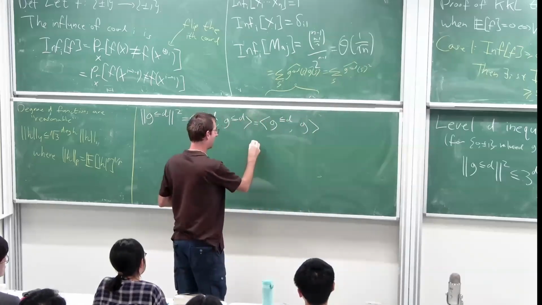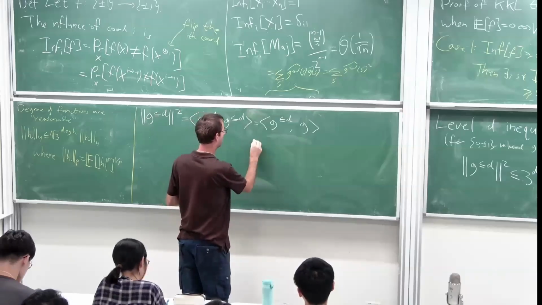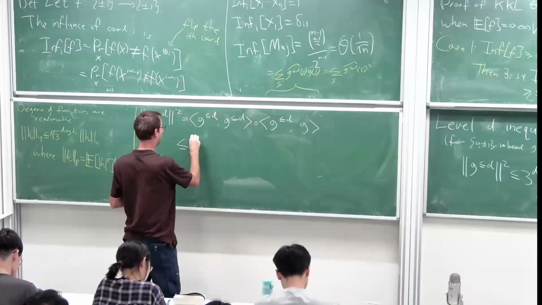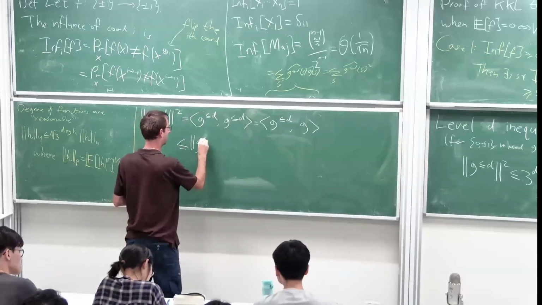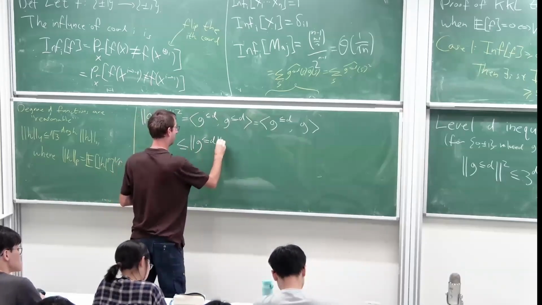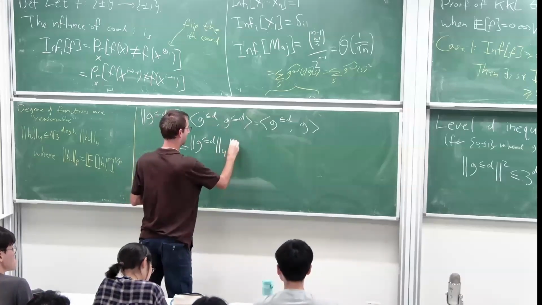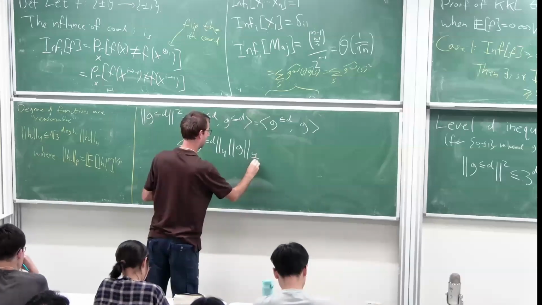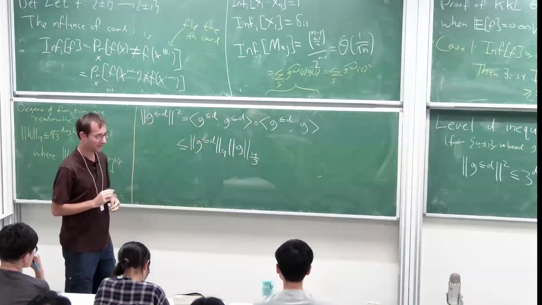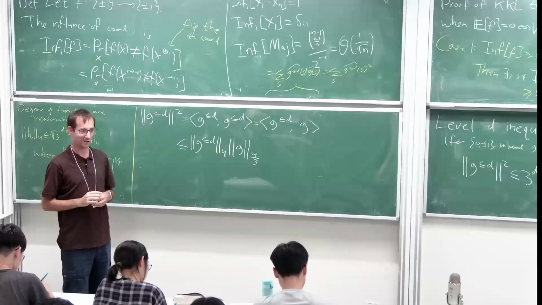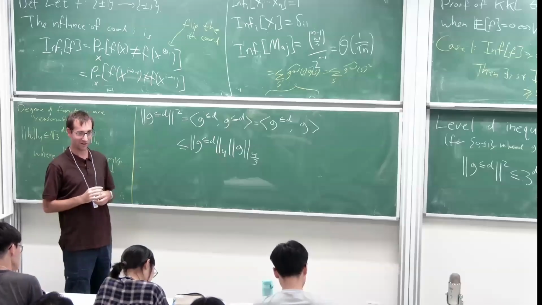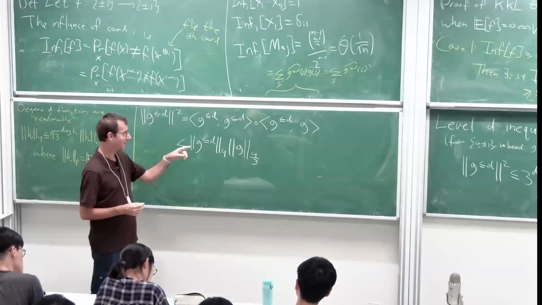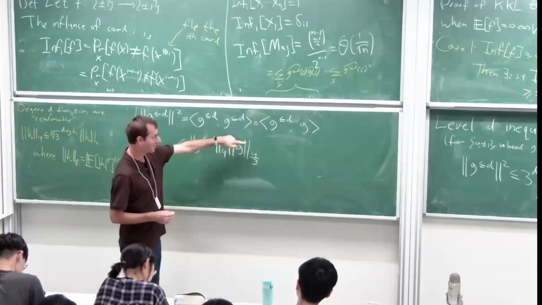Okay, and now we apply Hölder's inequality here. Hölder's inequality is a generalization of the Cauchy-Schwarz inequality. This works as long as 1 over 4 and 3 over 4 sum to 1.